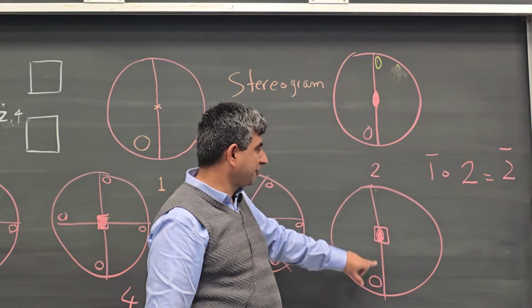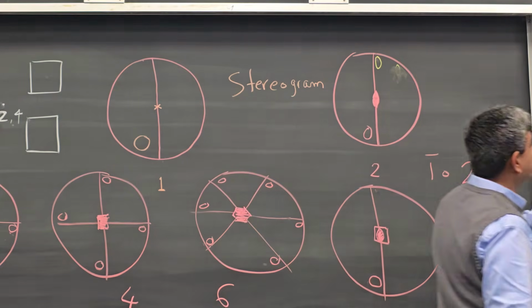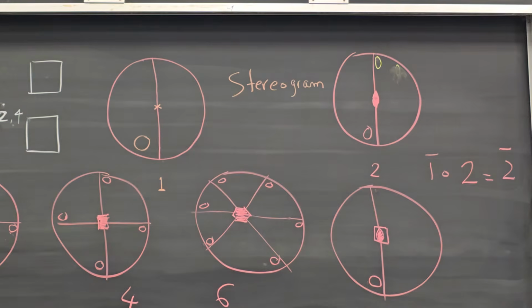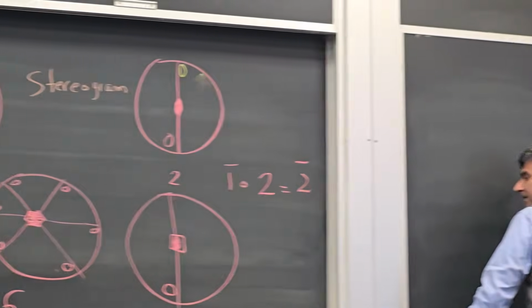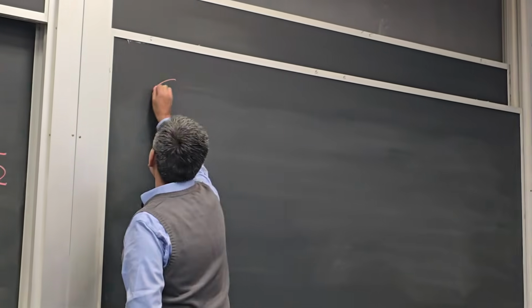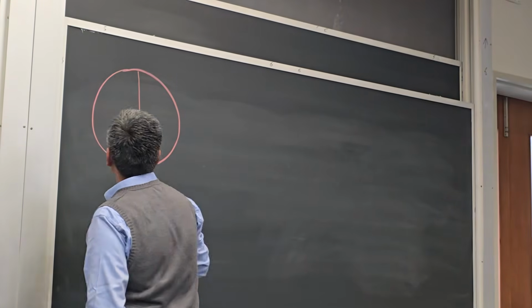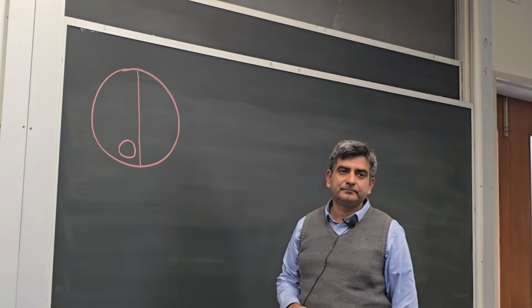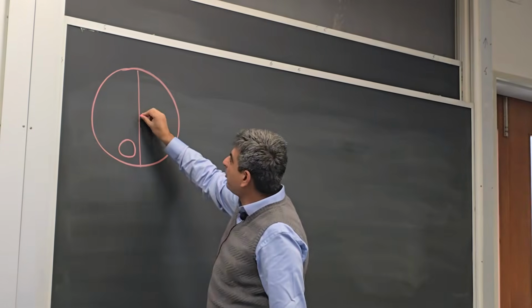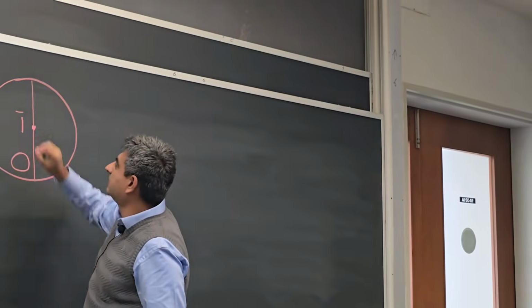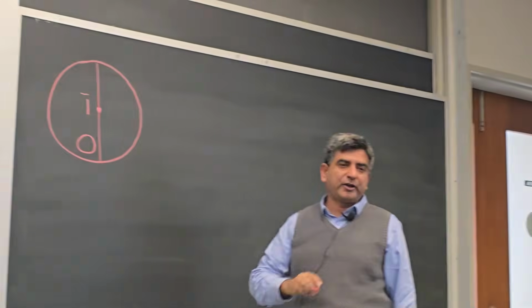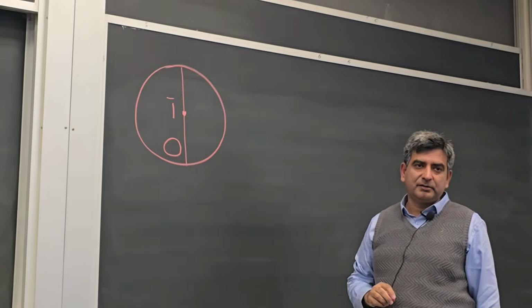Okay, now I want to show you how this works, but let me first show you at this point what a 1 bar does. An object. This is my point of inversion, a 1 bar point, an inversion point, the center of inversion.